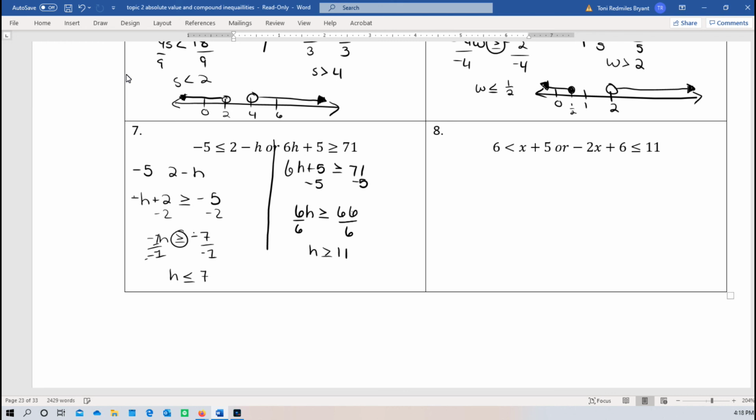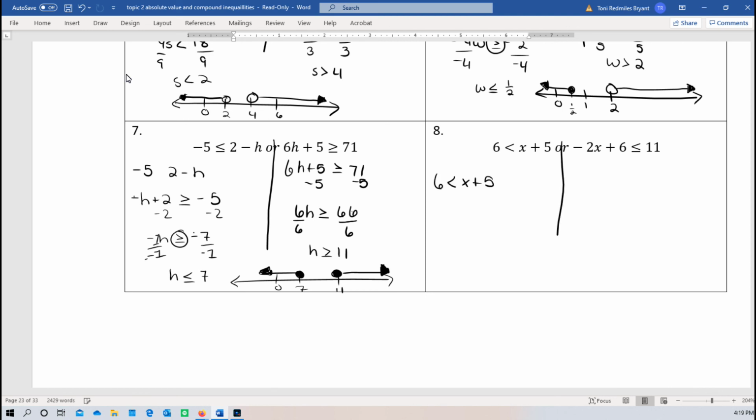That side doesn't have to change at all. So now, and this makes more sense, because I didn't think I had any like that on this worksheet, H is equal to 7 and everything less than, and H is equal to 11, but everything more than. All right, last one, put my line down the middle.